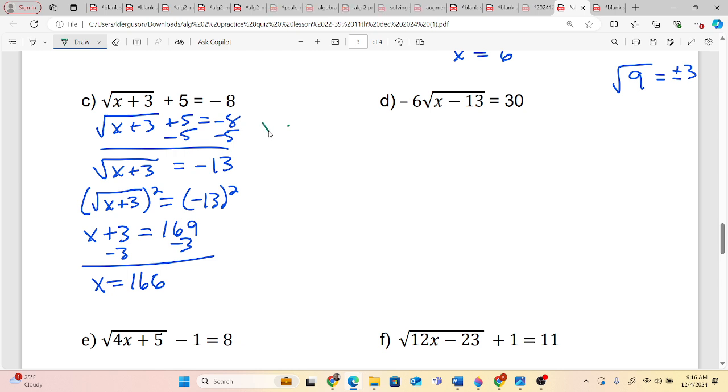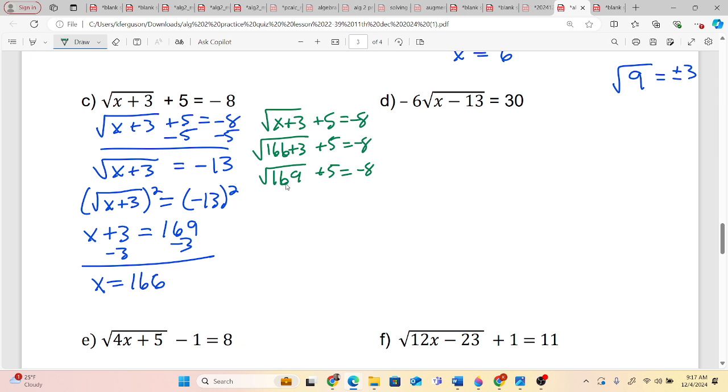So I've got the square root of x plus 3, plus 5 equals negative 8. So I'm going to plug in. So the square root of 166 plus 3, plus 5 equals negative 8. So that's going to be the square root of 169 plus 5 equals negative 8.